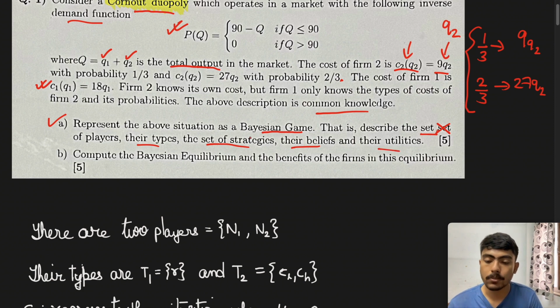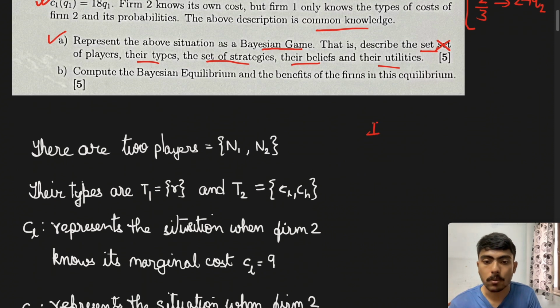So since player 1 is not certain about which strategy player 2 will choose, we have incomplete information in this regard. So when we have incomplete information in a game, then we say that we need to go for a Bayesian game.